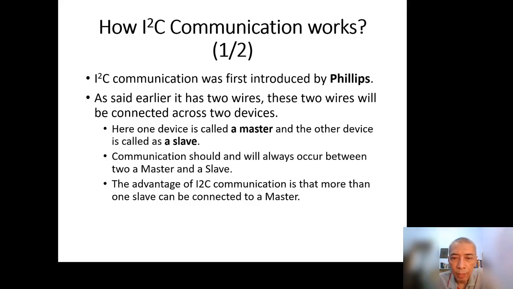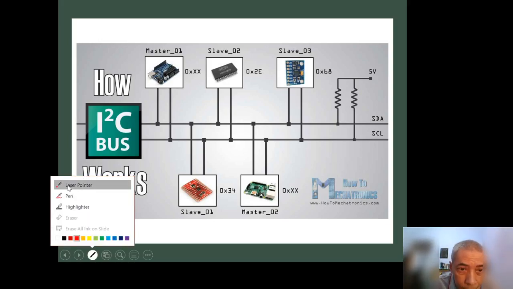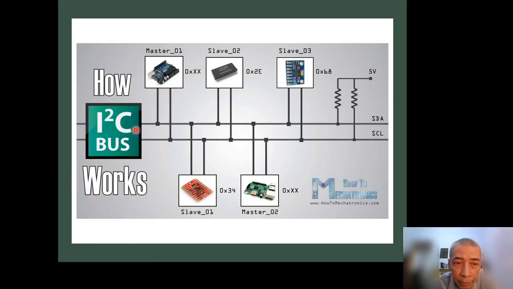The advantage of I2C communication is that more than one slave can be connected to a master, which is known as multi-drop. So this is the illustration of the multi-drop system of the I2C connection. As you can see, this is the I2C channel, only one channel, but we can connect it to many devices. In this example, we have 5 devices.